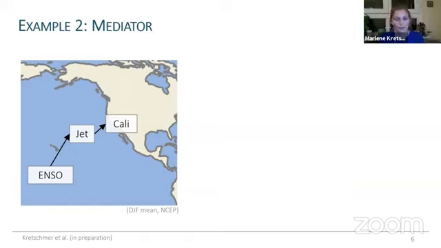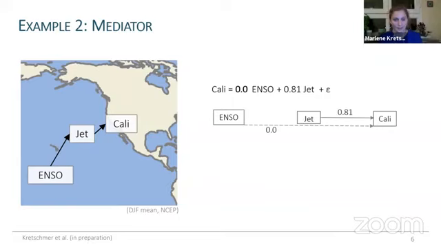If we wanted to estimate the effect of ENSO on California precipitation, and we put both ENSO and the jet in our regression model, which is something we actually do in climate science, just putting everything in, then we would get a regression coefficient for ENSO which is 0. This of course makes no sense, but what happened here is that since the causal effect of ENSO is completely mediated via the jet stream, we basically regressed out the effect we wanted to measure.